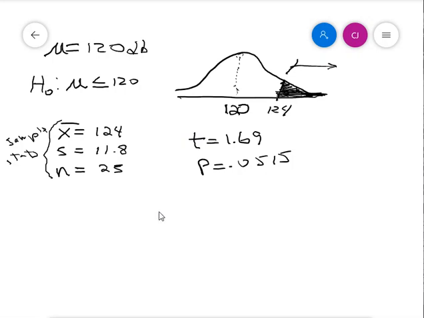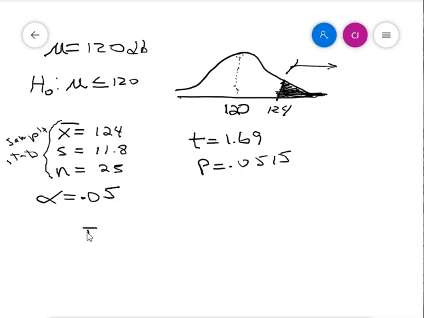And now we just need to conclude. Now again, I didn't write an alpha up there. I'm going to put it up here now: alpha equal to 0.05. Again, that's the standard. That deals with that whole idea of plus or minus 2 standard errors. And we're going to leave it at that.